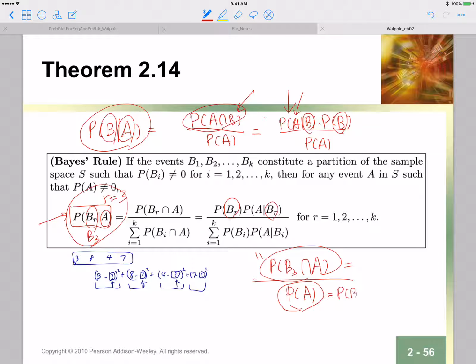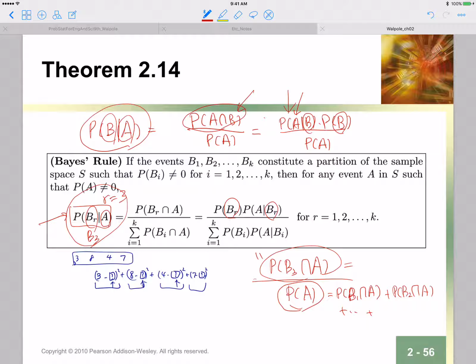P of B1 and A plus P of B2 and A, and so on.